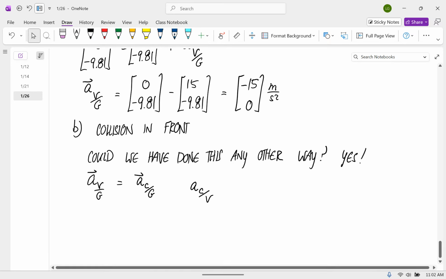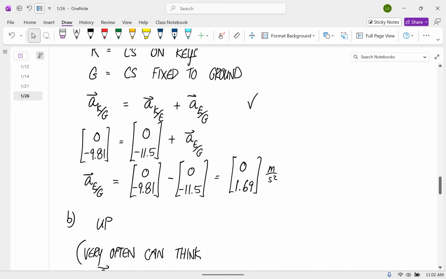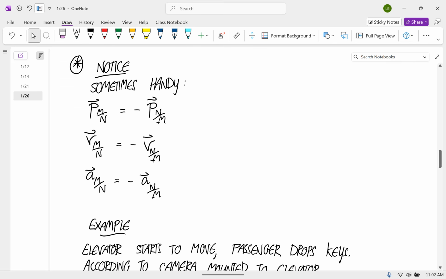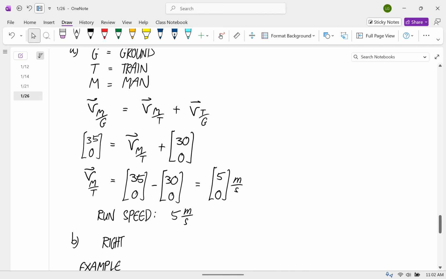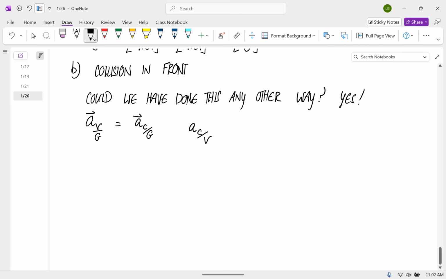And so now we can go and use these things. A sometimes handy thing: you can switch the subscripts if you switch the signs. So we can replace this with negative acceleration of v over c.